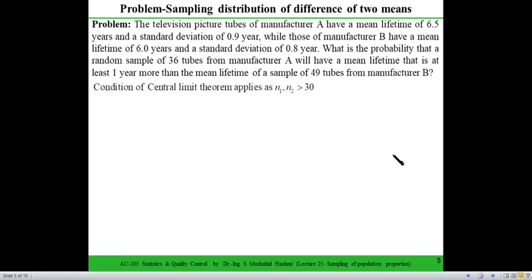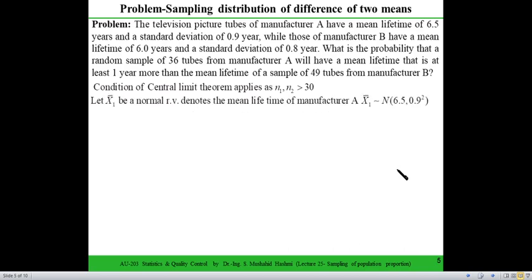First step is always to look at the sample sizes, and we have learned that they are greater than 30. So the central limit theorem applies, and x1 bar represents the normal random variable, which represents the mean lifetime of a picture tube from manufacturer A, and we know their sample mean is normally distributed with mean and variance.